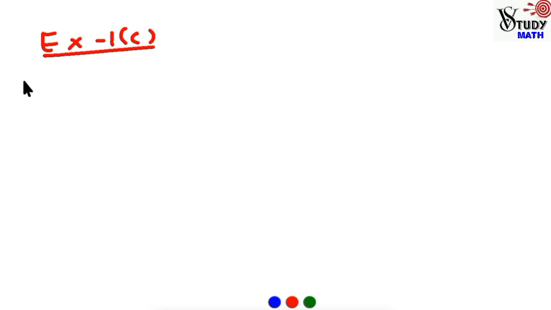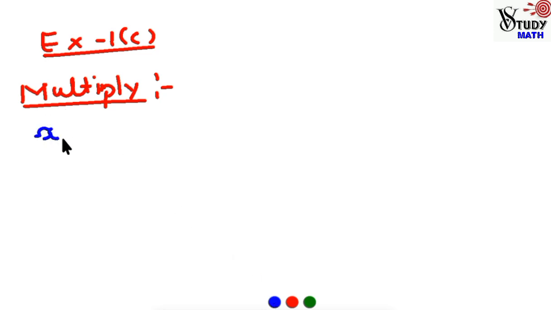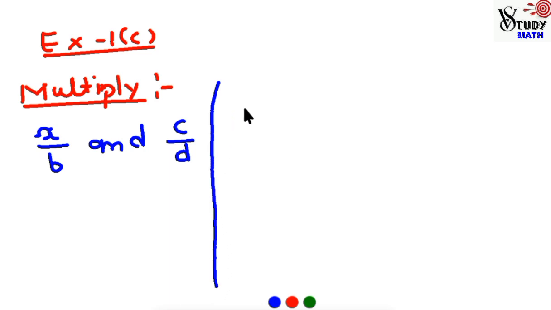and the first concept is how can you multiply two rational numbers? So let's say we have two rational numbers like a upon b and c upon d, and we have to multiply them.